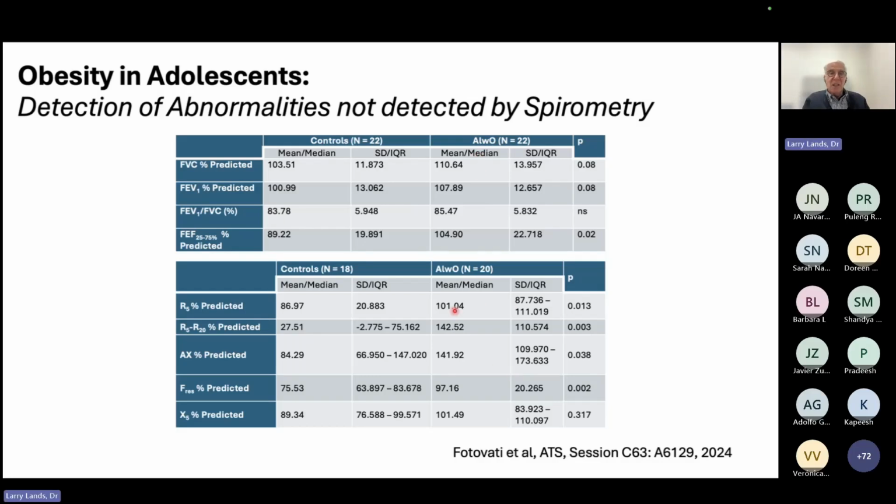But their percent predicted oscillometry, especially R5 to R20 and the area under the reactance curve, were not only different from the control group, but markedly elevated. Again, it helps detect small airways disease in the obese population.